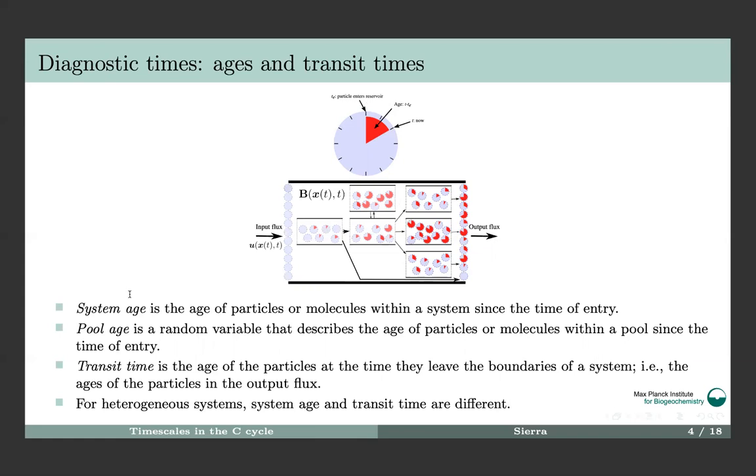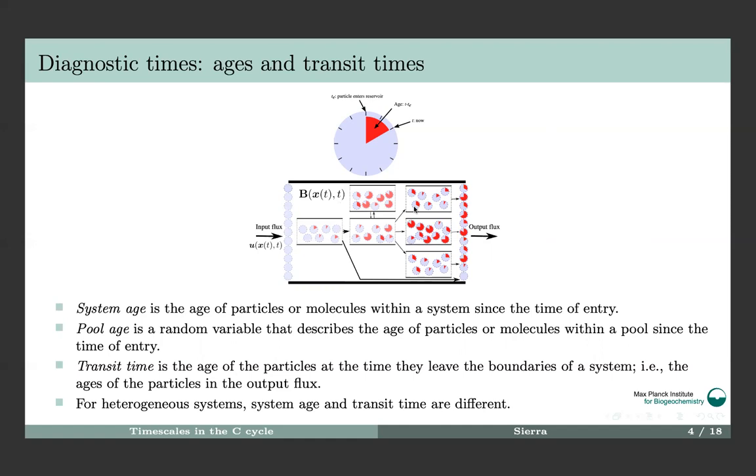Now, we define system age as the age of all the particles inside the system, from the time they enter until some point of observation when we look at all of these particles in the system. If we collect all of these particles, we can, for example, make a frequency distribution to look at the age distribution, and we can compute the mean age of all these particles.